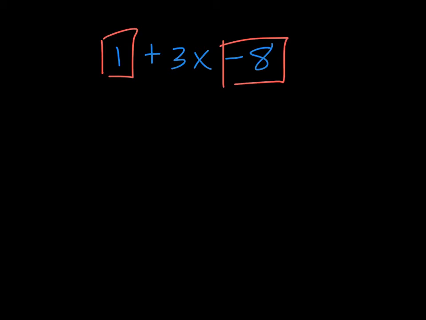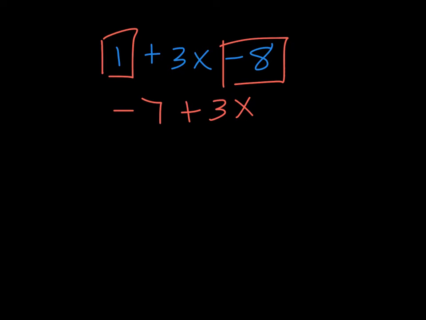So I'm going to say 1 minus 8, or 1 and negative 8, which will give me negative 7, and I'm just going to bring down the plus 3x since I can't combine it with anything else. So my problem is going to be negative 7 plus 3x. That's as simplified as you can make it.